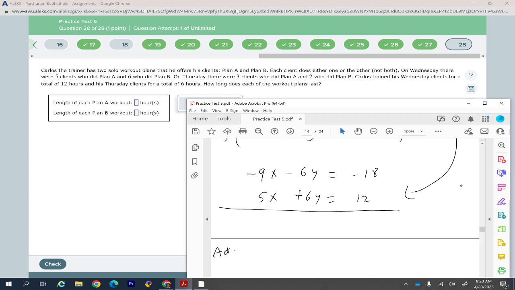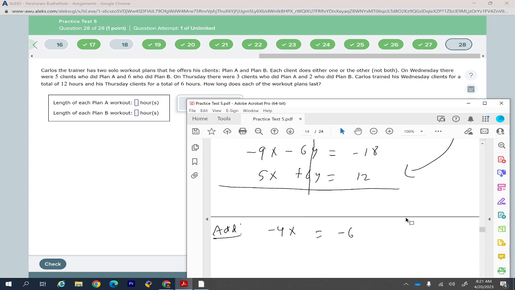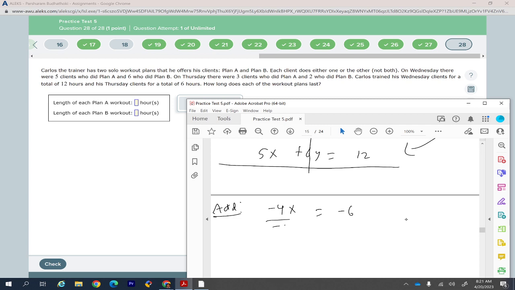That's called the addition rule. By doing that, I can eliminate one of the variables, y. So -9 plus 5 is -4x. This cancels out. -18 plus 12 is -6. So if you divide both sides by -4, that gives the time for workout for plan A, which is x equal 3/2, which is 1.5 hours.